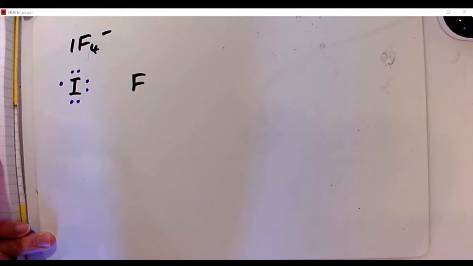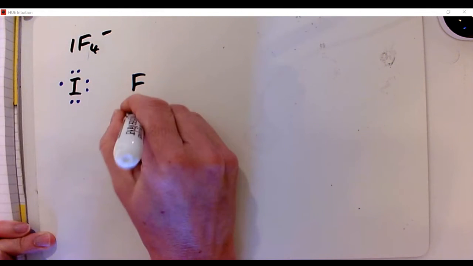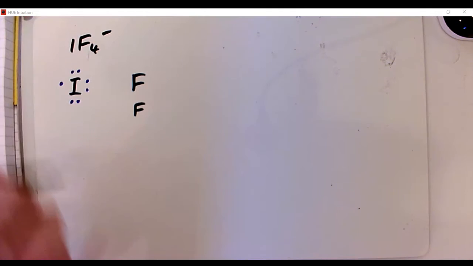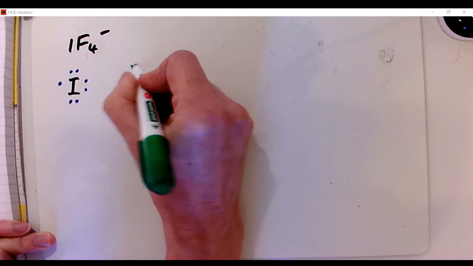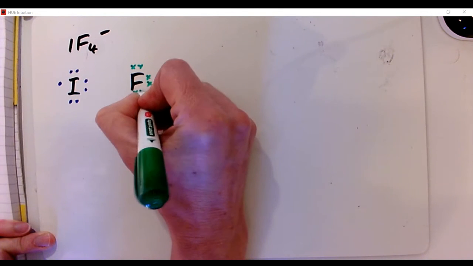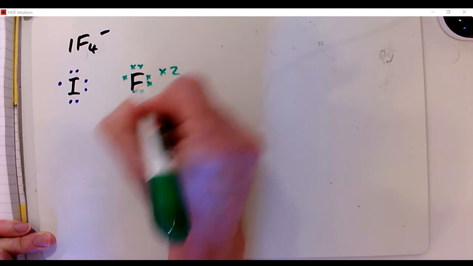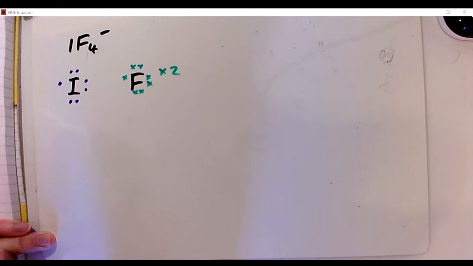So how's this going to work? So we have 1 fluorine and 1 fluoride. Okay, which implies one of these is going to be a coordinate bond. Okay, so fluorine, that down.